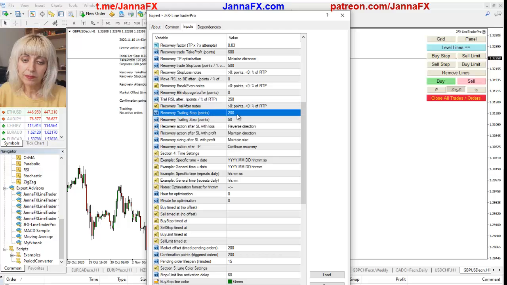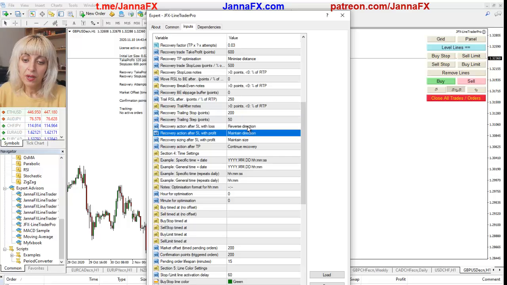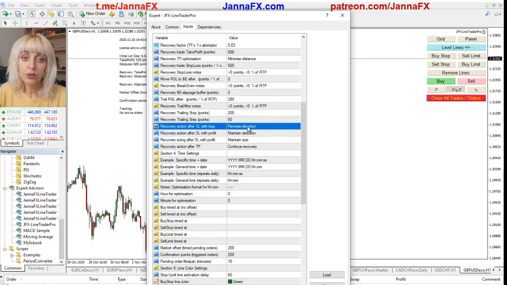And you have the same, you can place the trailing stop, the trailing step, and then the next interesting options: what recovery will do when it, for example, hits the stop loss and goes for the next possible recovery attempt. So there are options here. You can either reverse direction or maintain direction. With my usual standard, it is reverse direction.